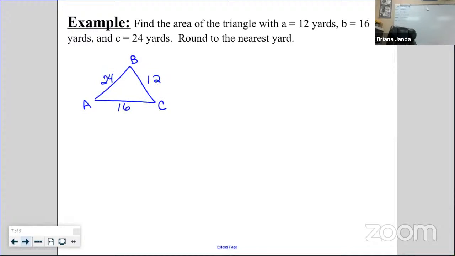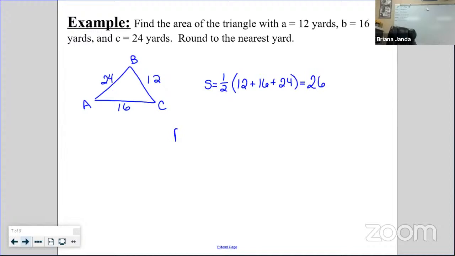To do this formula, the first thing we find is the semi-perimeter. So 1/2 times the perimeter, which is 12 plus 16 plus 24. Remember that addition, order does not matter. So add up your sides, divide by 2, or add up your sides, multiply by 1/2. This number then is what shows up in each of our different spots where it said S for semi-perimeter in our formula. Your semi-perimeter on this one is 26.